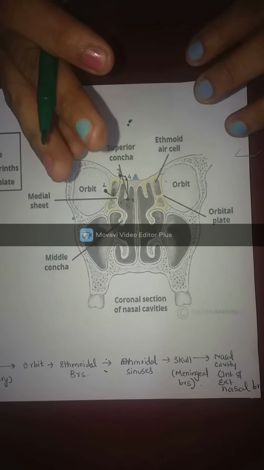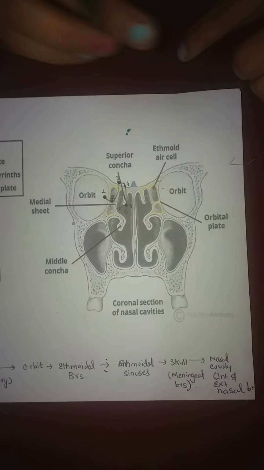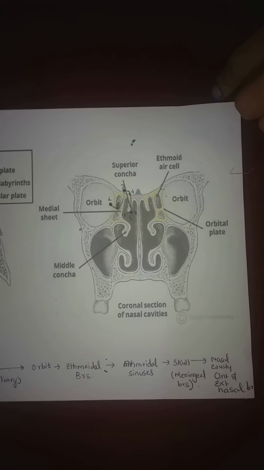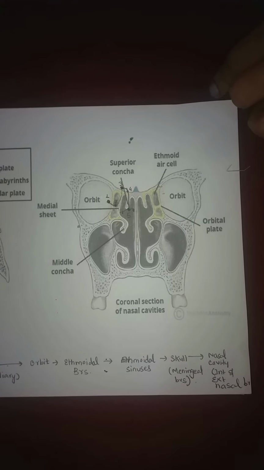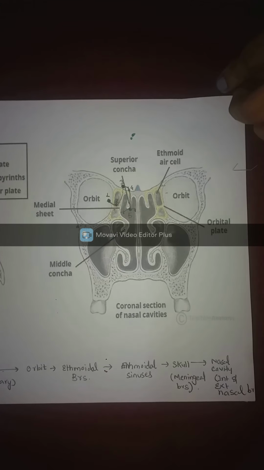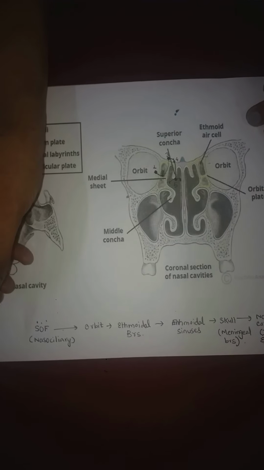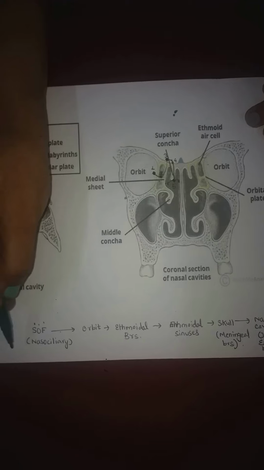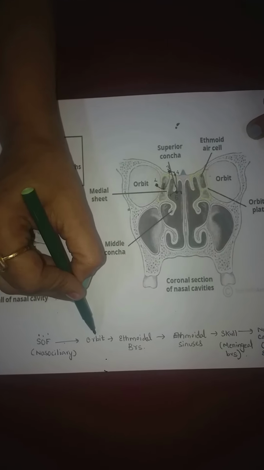So by now, let us recollect: trigeminal nerve, ophthalmic nerve, nasociliary nerve, ethmoidal nerves, and the whole course and branches of ethmoidal nerves. Grab it in your mind. Here you go. Through the superior orbital fissure enters the ophthalmic nerve and gives the nasociliary nerve.